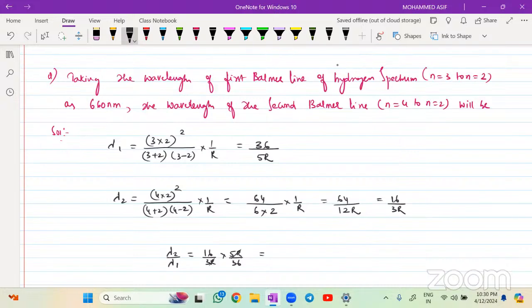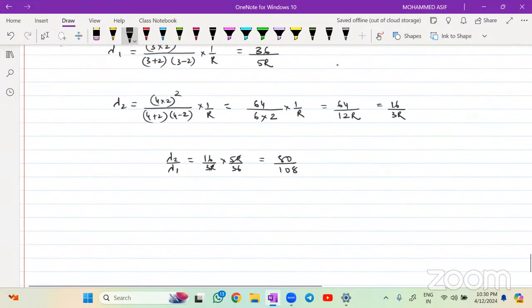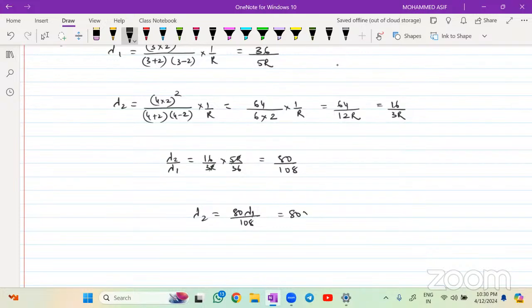So this value will be equal to 80 divided by 108. So lambda 2 will be equal to 80 into lambda 1 divided by 108, so it is equal to 80 into 660 nanometers divided by 108. So simplify it, that will give me the answer for lambda.